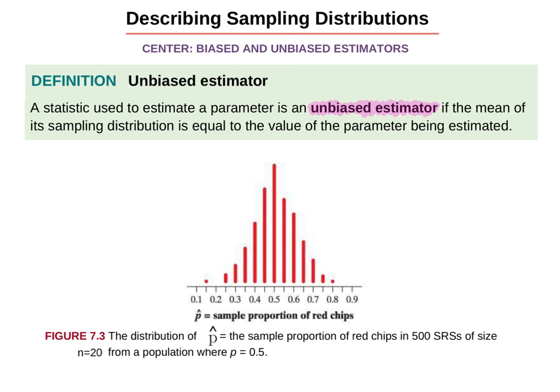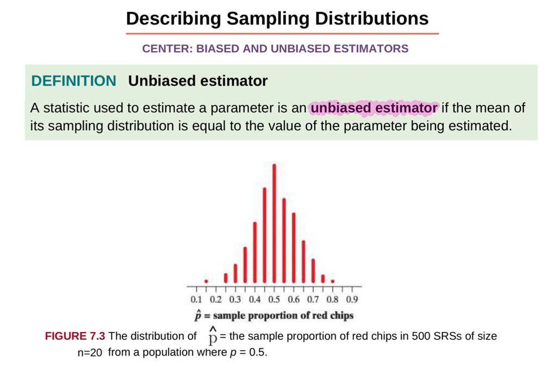So what is that? Well, a statistic of a sample used to estimate a parameter of an entire population is an unbiased estimator if the mean or average of its sampling distribution is equal to the value of the parameter being estimated. So in our red chips in the bag example, the center of our distribution is very close to 0.5, which is the parameter value, right?